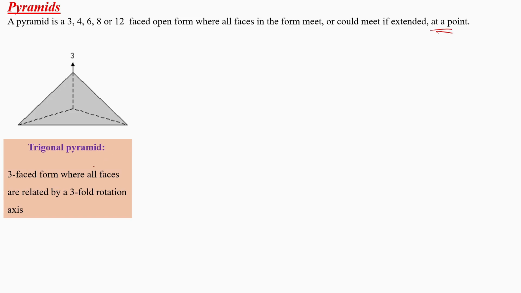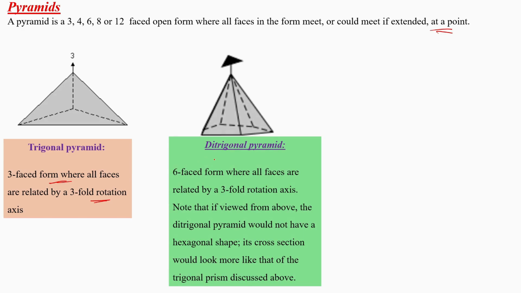The trigonal pyramid is again a three-phase form related to the three-fold rotation axis. Again it is a pyramid. When we say pyramid, it should connect at one particular point. Here you can see all these faces are connected at this point. In a prism, the faces will not be connected. It will be parallel to any one of the rotation axes.